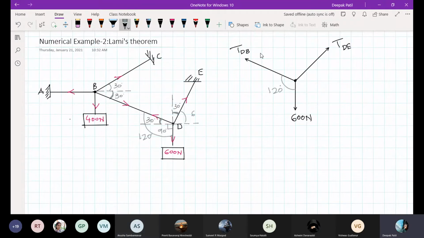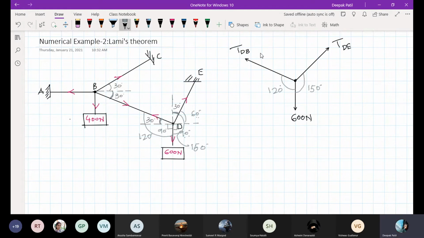So this angle is 60, and this angle is 90 degrees. So 90 plus 60 is 150, and 150 plus 30 is 180. So this total angle is 150 degrees.